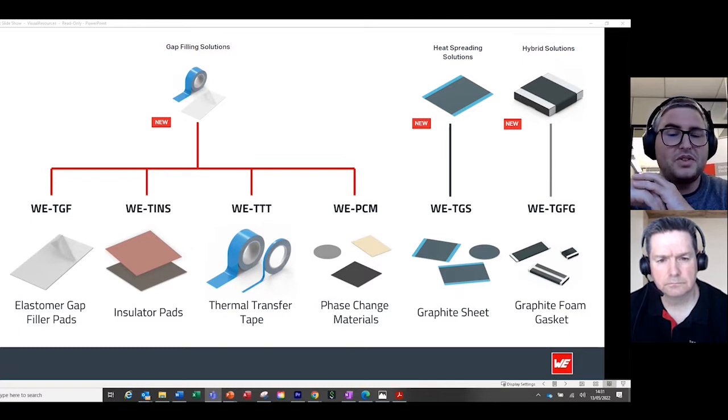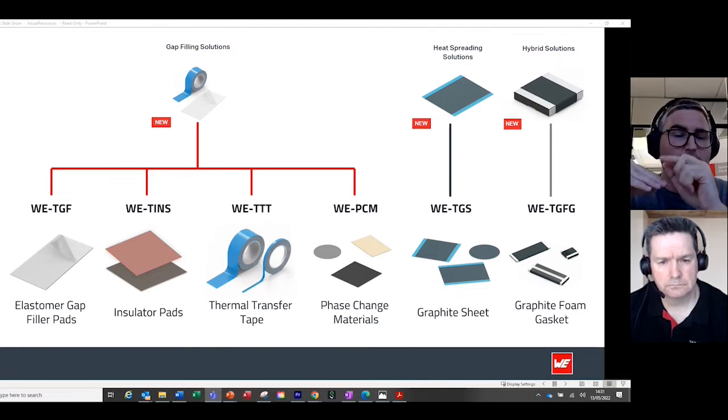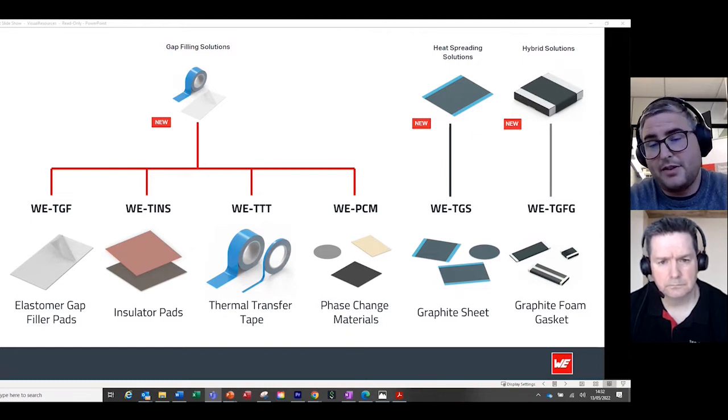Once the hot component reaches a temperature of around 50 or 60 degrees, it changes phase into a liquid or flow-like state, where it fills all the microscopic gaps and provides a really good thermal interface between the hot component and the heatsink by providing the path of least thermal resistance. It's really interesting, especially for high-speed applications like FPGAs.